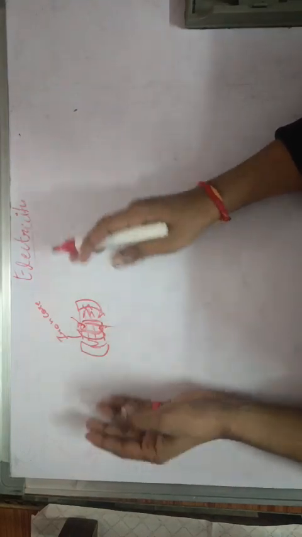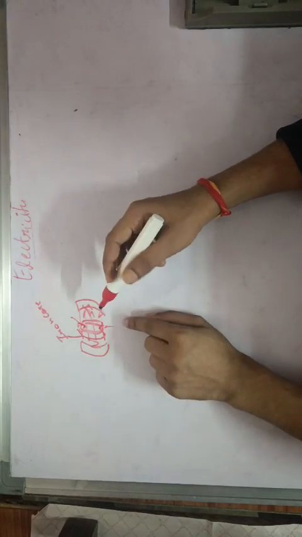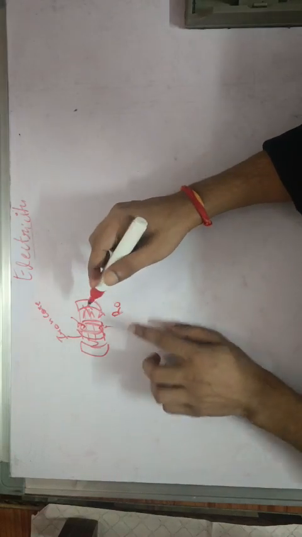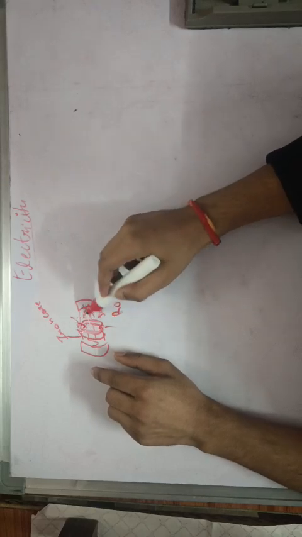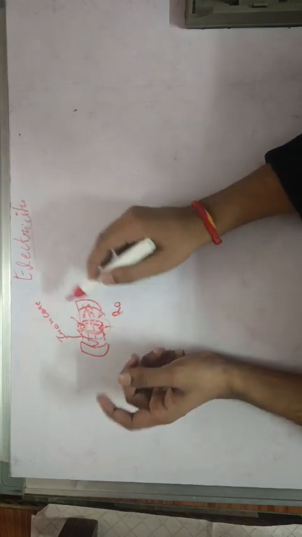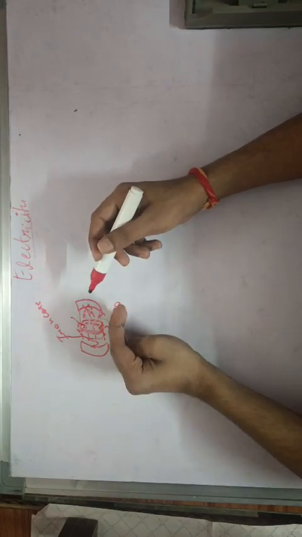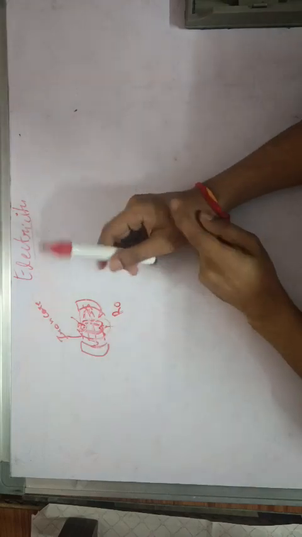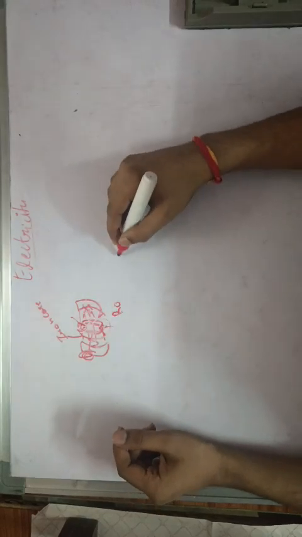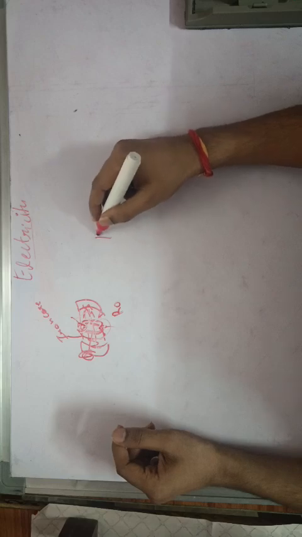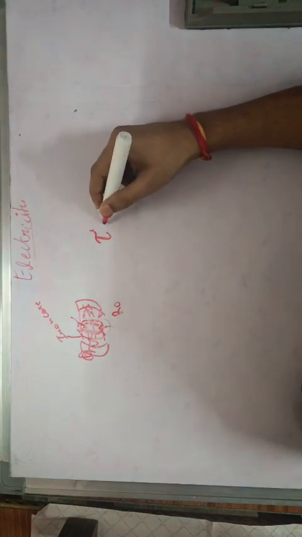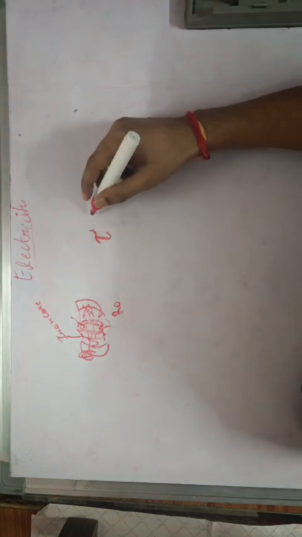What happens is that when current is provided to this wire of, let's say, resistance R naught, it creates some magnetic field, and this magnetic field interacts with the magnetic field of these permanent magnets, and this coil gets tilted by some angle. A spring is also added.